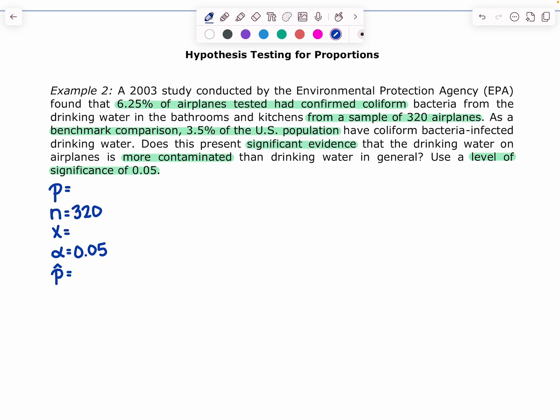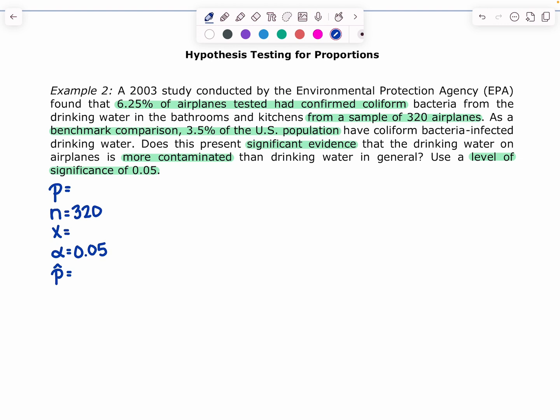Now I have two percentages. 6.25% of airplanes tested had confirmed coliform bacteria. As a benchmark comparison, 3.5% of the US population have coliform bacteria-infested water.